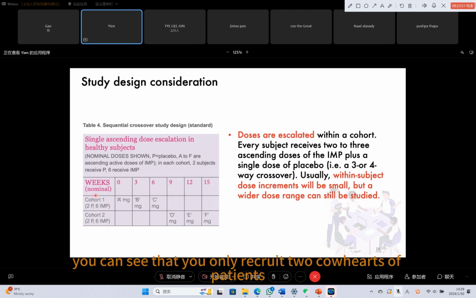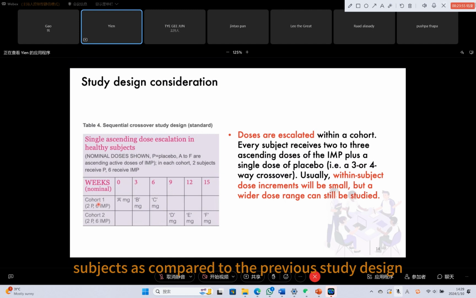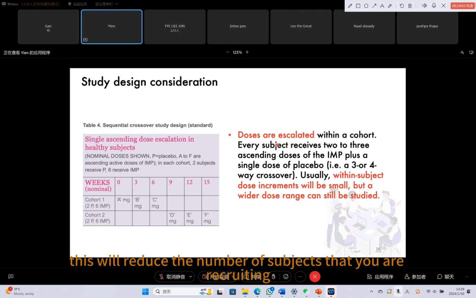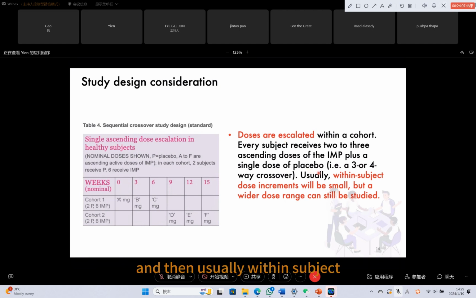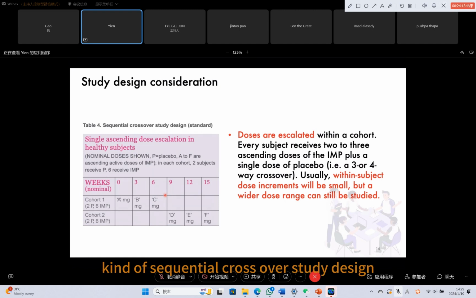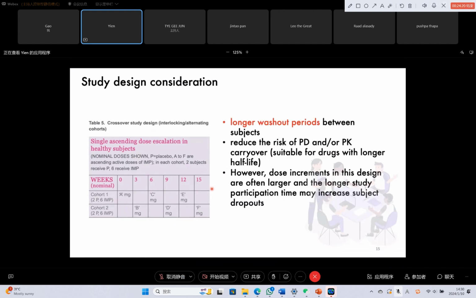Here you can see that you only recruit 2 cohorts of patients as subjects, as compared to the previous study design where you recruit 6 cohorts. So this will reduce the number of subjects that you are recruiting. Within subject, dose increments will be small, and a wider dose range can be studied with this kind of sequential crossover study design.